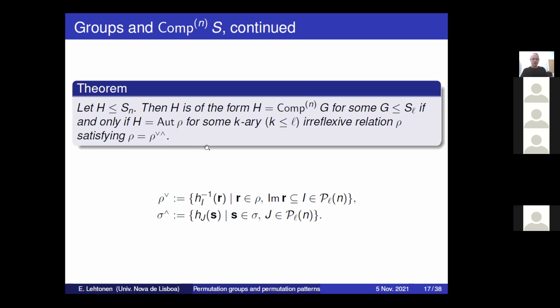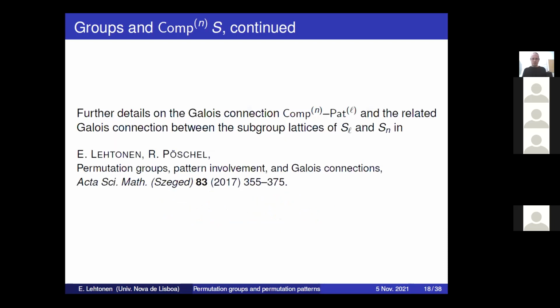So now it is the automorphism group of a single relation, and we can describe somehow what kind of relation this rho might be. Okay. I'm not going to go into the details on this. Further details can be found in our paper, the reference of which is given here.